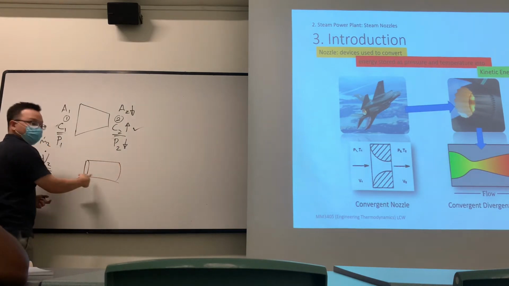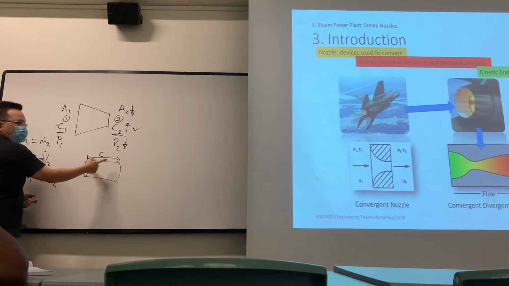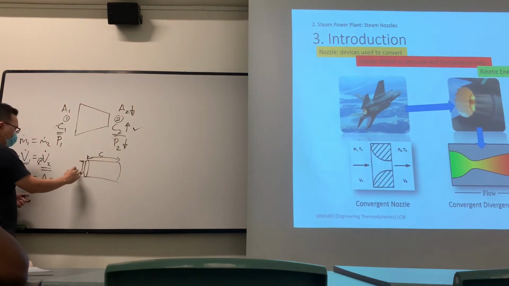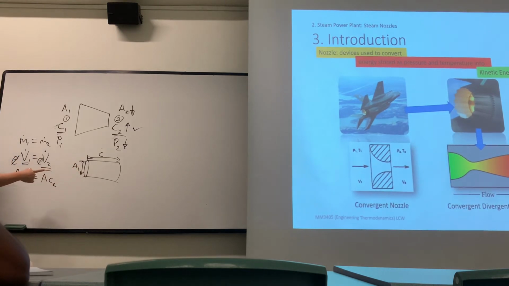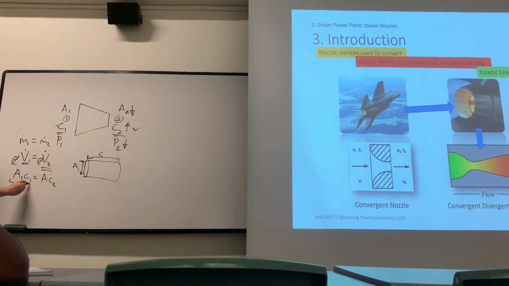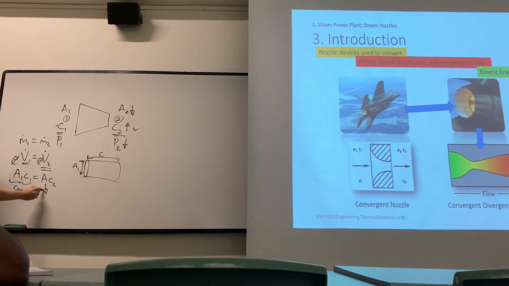Volume flow means this one must be speed, and then this one is your area. So from here, if this one is constant, if your area decreases, what happens to your velocity? Increase. All understand this thing? This basic you know.